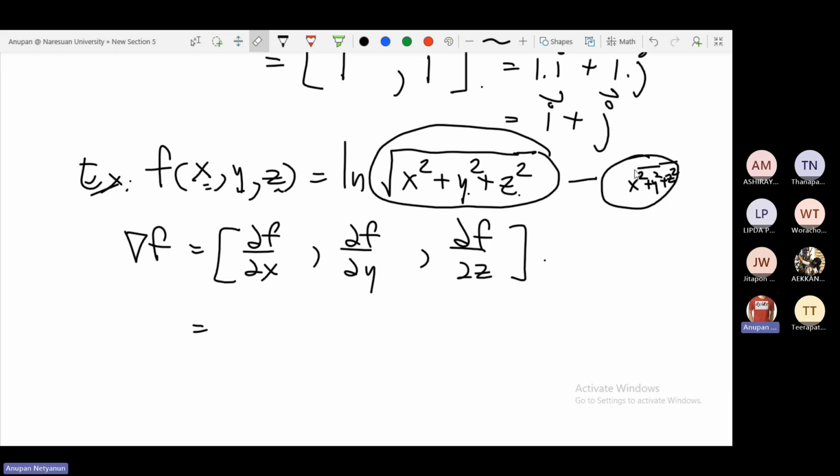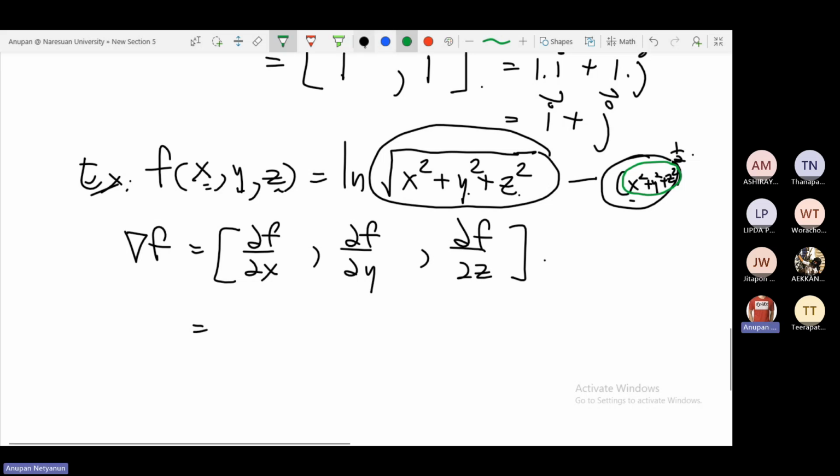When you have square root, it's the power of 1/2, right? So this circle thing is x squared plus y squared plus z squared to the 1/2. So again, it's the whole thing to the 1/2.